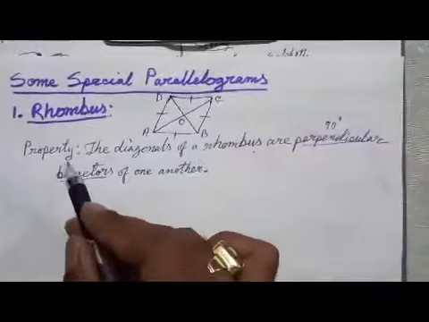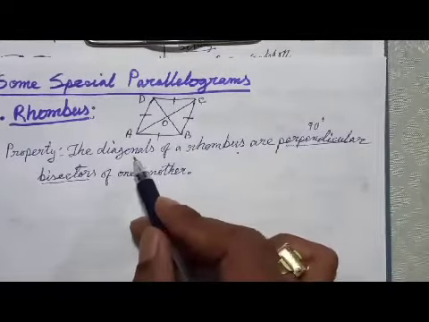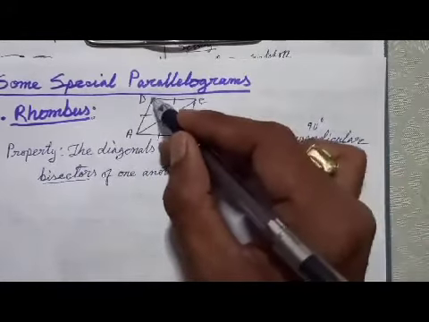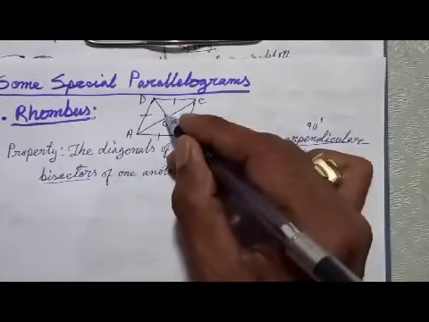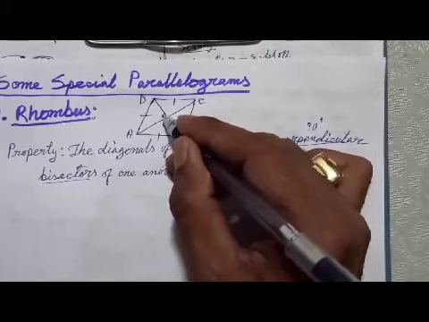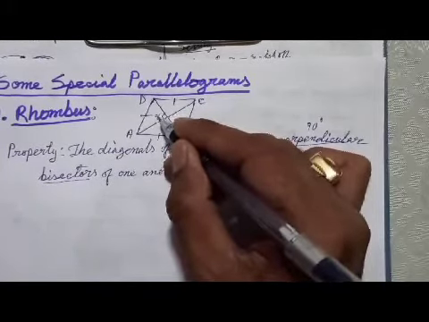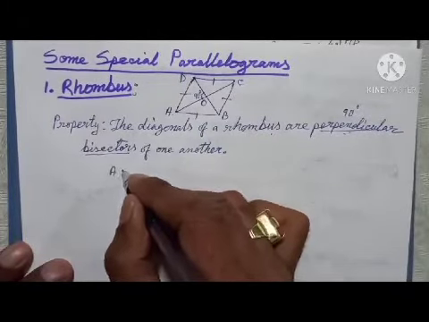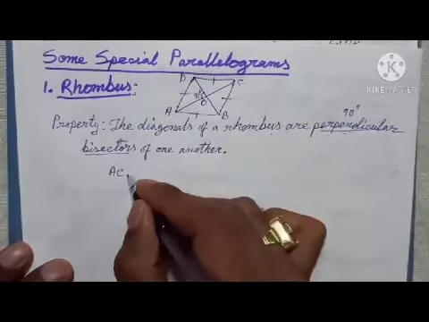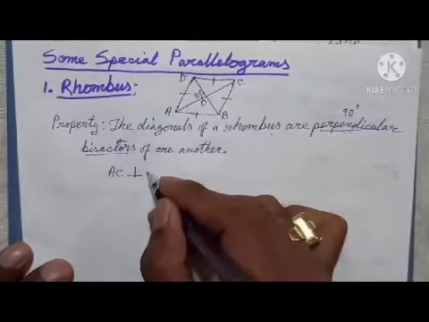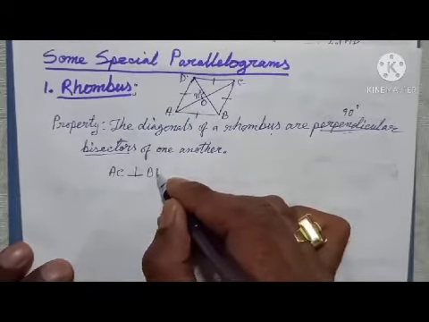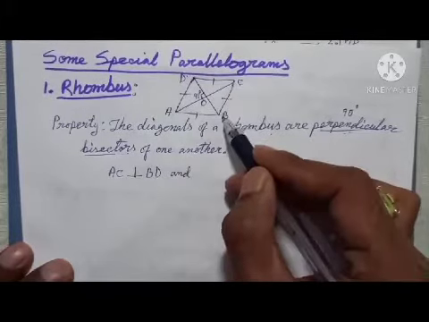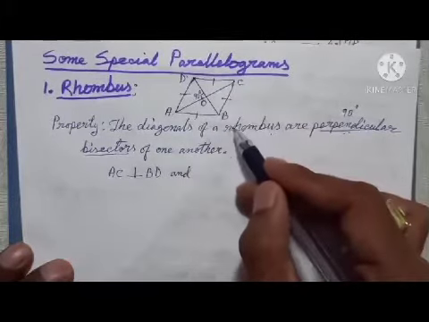Now, by this property, it says that diagonals of a rhombus are perpendicular. That means AC diagonal and DB diagonal intersect at O, and perpendicular means this angle must be 90 degree. Diagonal AC is perpendicular to diagonal BD. And diagonal AC and diagonal BD bisect each other.